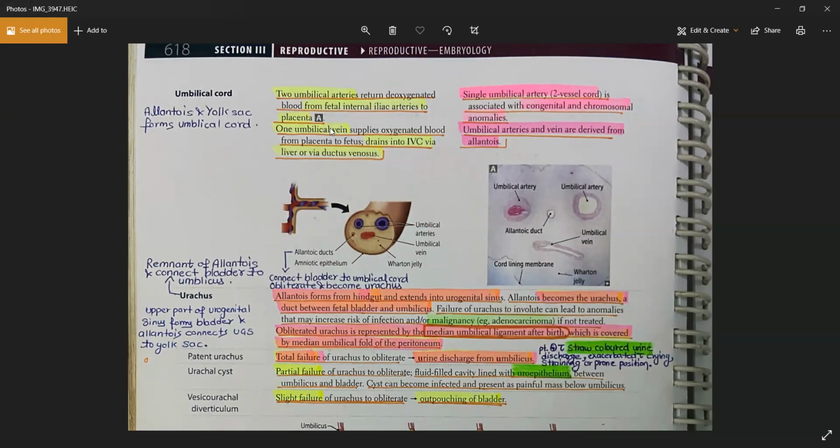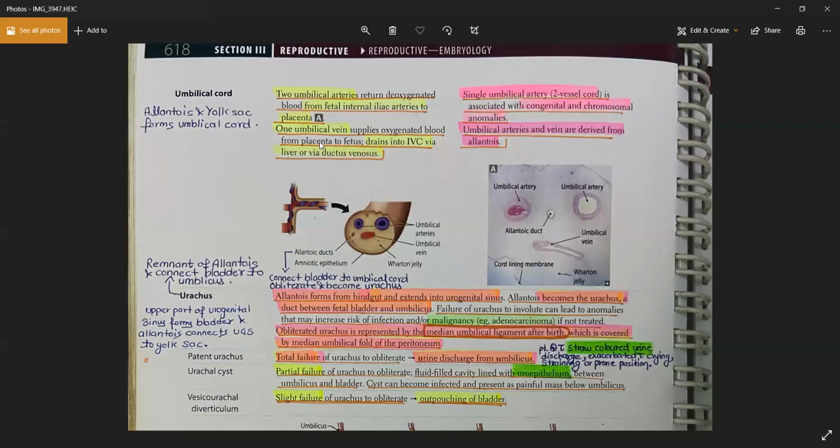The umbilical vein drains the blood from the lacunae into the inferior vena cava. And I already told you in previous lectures, you have to bypass the liver, and that is done by the ductus venosus. Remember?